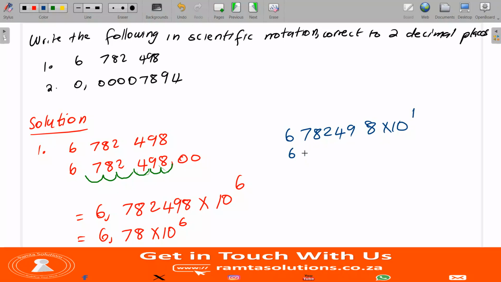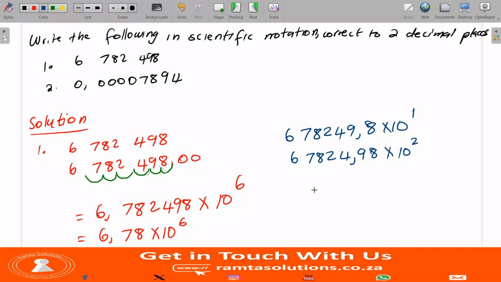And then you're moving 2 places. When you move 2 places to the left, it'll be times 10 to the 2.